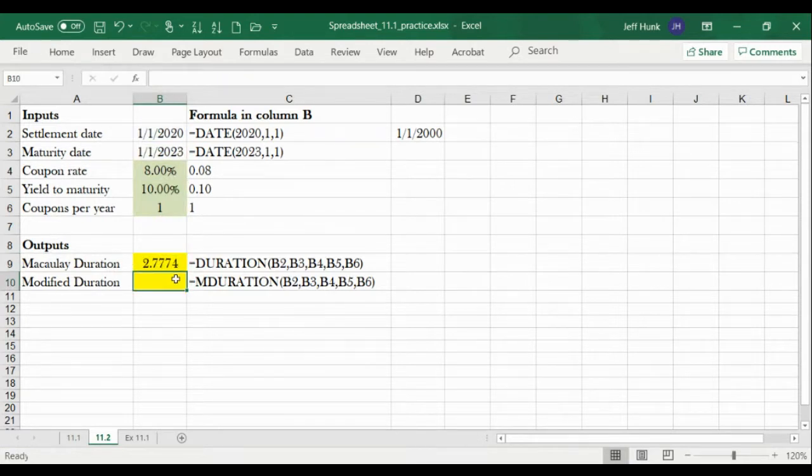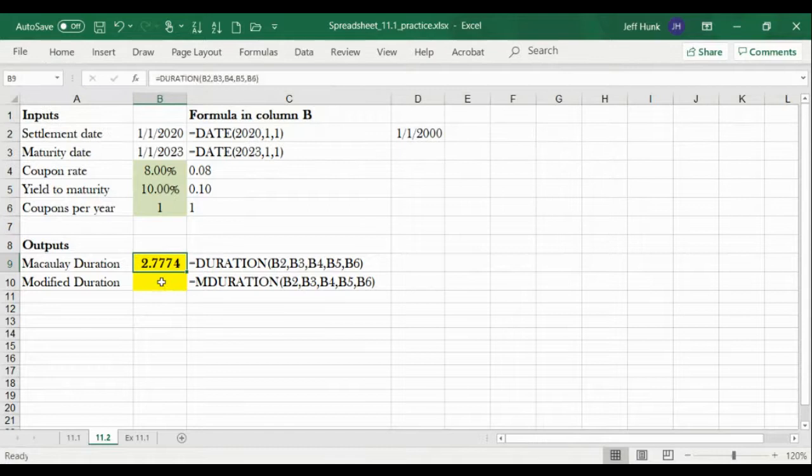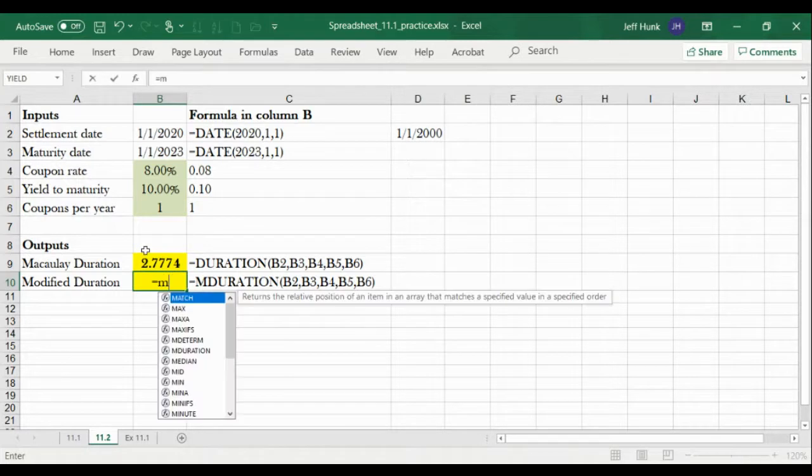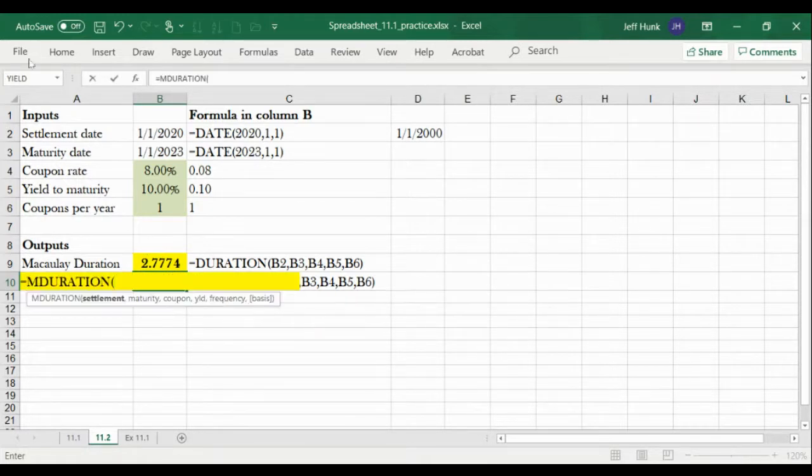And for modified duration, you can use MDURATION. You type M and you get modified duration, and you just do the same.